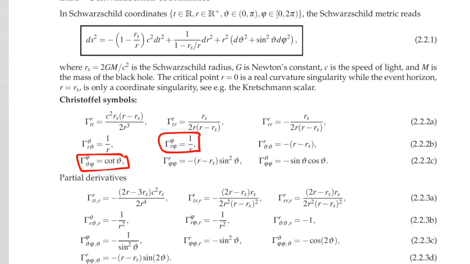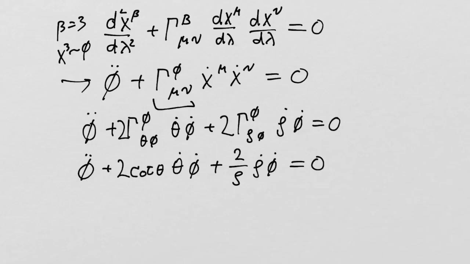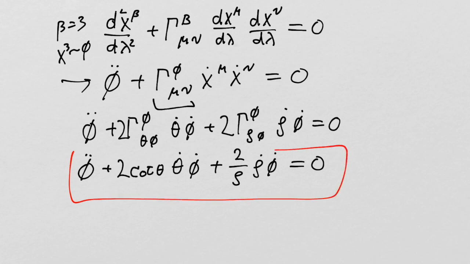Is that it? That doesn't count. That's zeros. Okay, so just 2, the cotangent one and the 1 over rho. With those 2, we can now make our substitutions. Let's see. We have theta, phi, and rho phi. And here's our final geodesic equation right here.